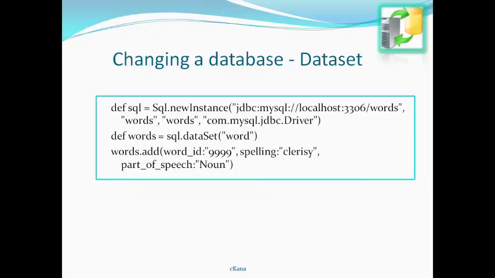So in this code, we have basically created a dataset from the word table. We have a word table, and we use that word table to create a dataset, SQL.dataset, and then words.add. Using this command, we are adding a row to that dataset, just like we added to a table. So basically, it becomes a convenient way of adding or deleting rows or manipulating rows when we change the database into a dataset.